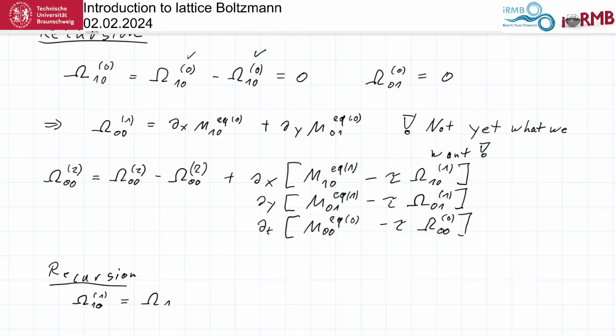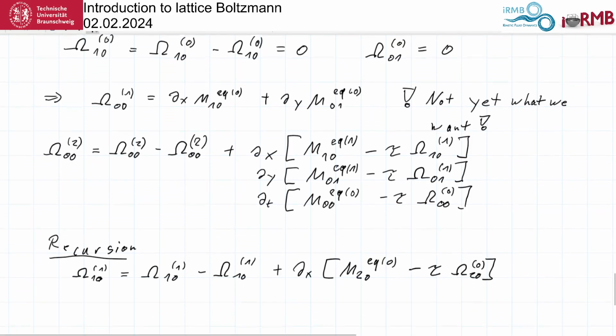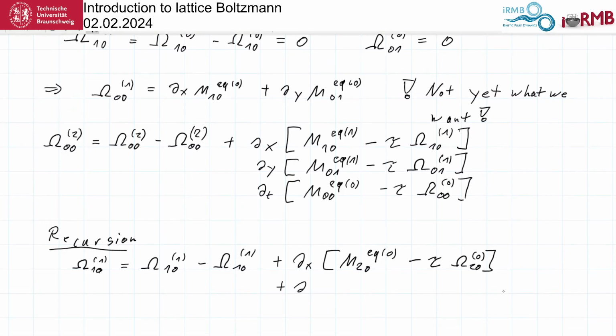This must be omega 10 to first order minus omega 10 to first order plus dx. Now comes m20 equilibrium, obviously which order? 0 minus tau omega 20 to 0 order plus dy m.